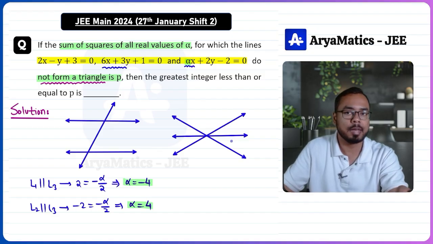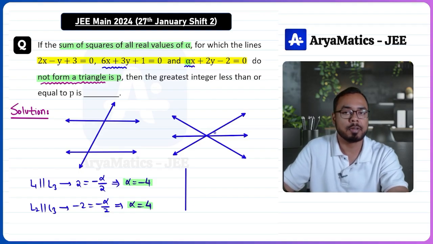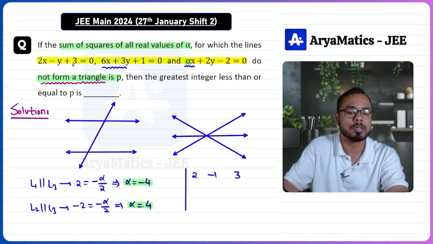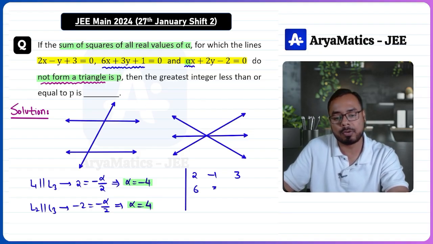Another case, if the three lines are concurrent, then also we will not get any triangle. The condition for concurrent lines is that the determinant of the coefficients becomes 0. So if lines 1, 2 and 3 are concurrent, then 2, minus 1, 3 are the coefficients of x, y and the constant term in the first equation. Similarly, 6, 3 and 1 will be the second row.